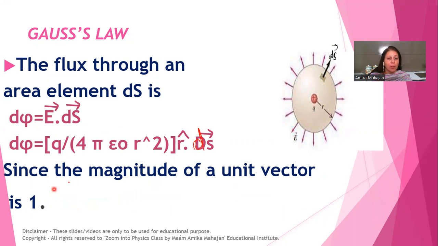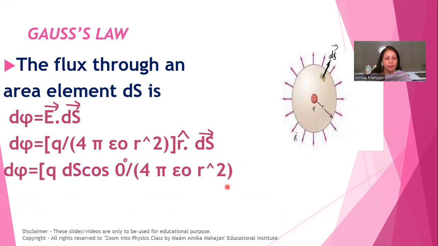So when I open this, it will be q by 4 pi epsilon naught r square r cap dot ds. Because here magnitude of r cap is 1. It is unit vector. Unit vector means whose magnitude is 1. So when I replace this r cap by its magnitude in this dot product, what I get, q by 4 pi epsilon naught r square into magnitude of r cap means 1, ds, magnitude of this ds vector will be ds, and cosine of angle between r cap and ds vector.